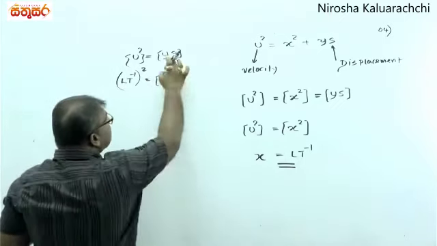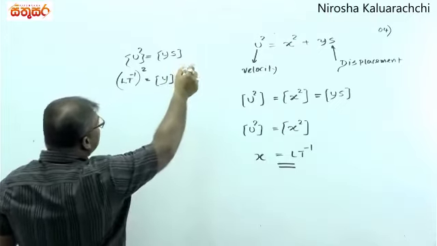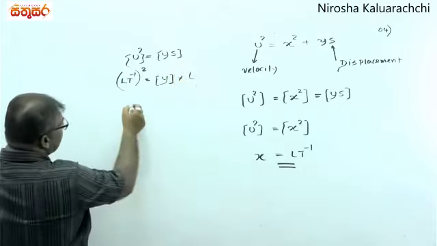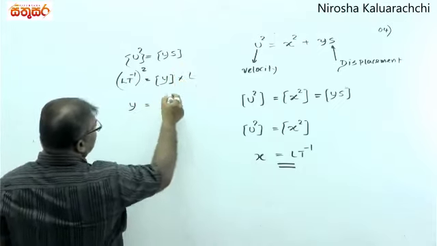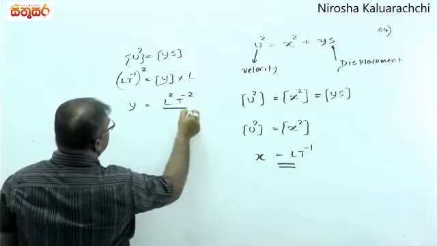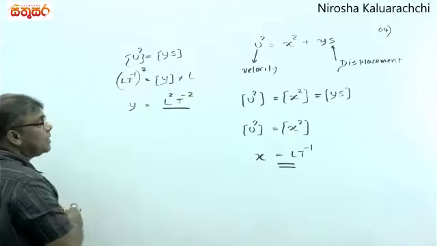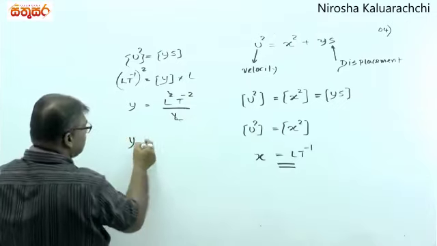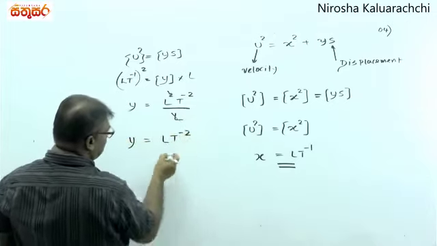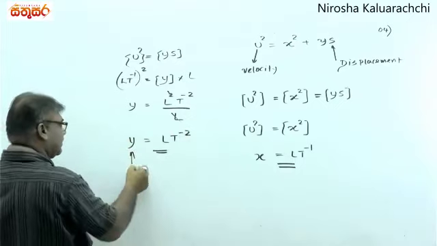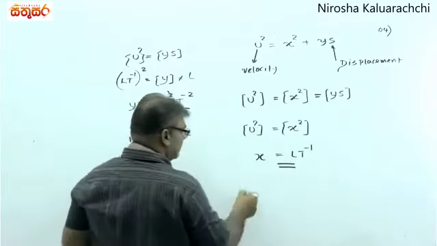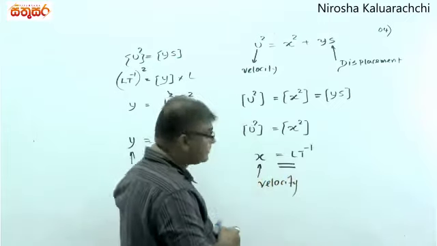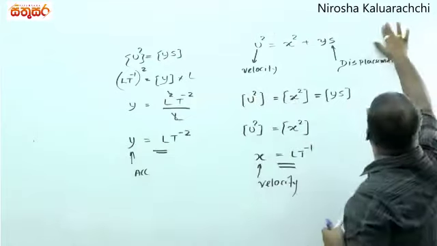The others already have dimensions, so there is no need to substitute the bracket. So y becomes L squared T minus 2 divided by L; L comes down, one L cancels, and y becomes LT minus 2. So you can say this is acceleration, and this is velocity. Clear? Right. This is next level one.